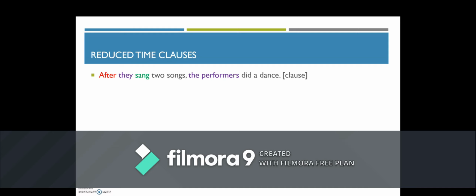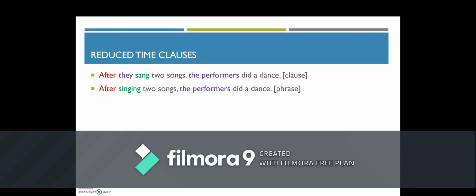So what we do to reduce the clause is that we omit the subject and we use the present participle of the verb. So instead of saying after they sang two songs, we say after singing two songs, the performers did a dance.